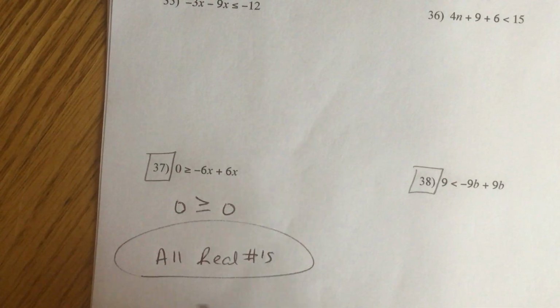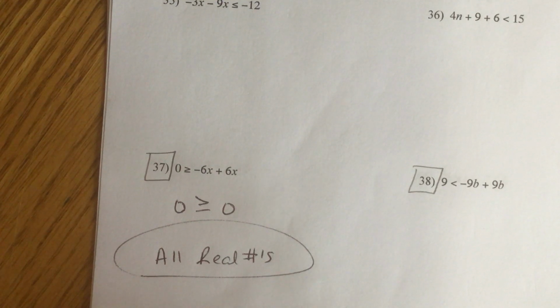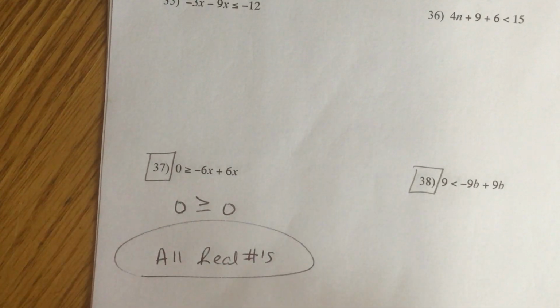It's true, all real numbers is infinitely many solutions, but all real numbers is a little bit more inclusive. Like, if the even numbers were all the solutions, that would be infinitely many. There's an infinite number of even numbers, but that doesn't account for all the numbers. So infinite means infinite, but all reals is more specific. It means everything works. Not just an infinite amount works, but everything works.